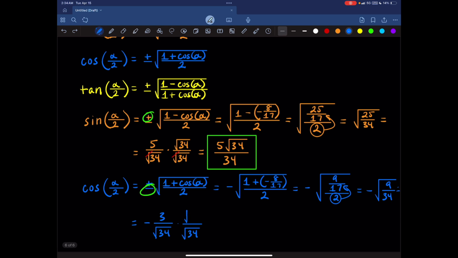So now these are going to cancel. And what we're left with is negative 3 square root of 34 over 34. And that is our final answer for the cosine of alpha over 2.